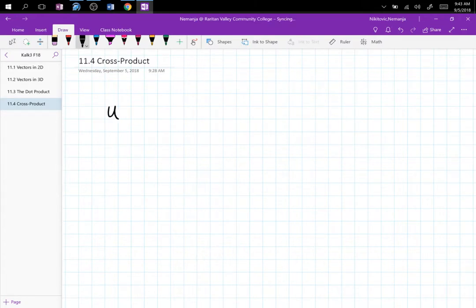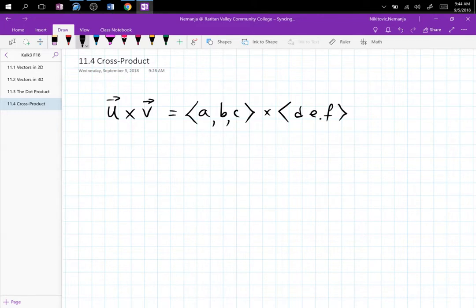Notation is U cross V. So cross product is denoted by this. And now I'm going to actually use A, B, C, D, E, F as vector components.